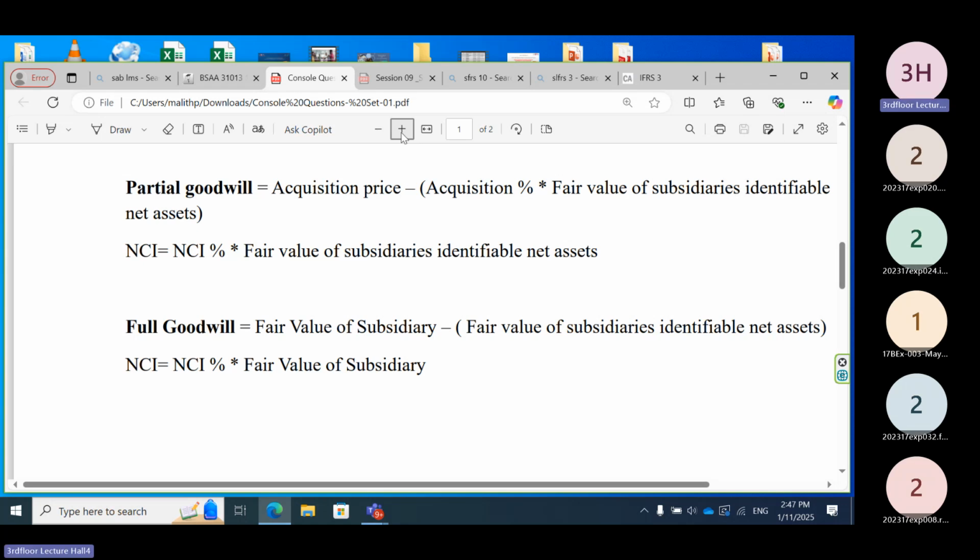This is the full goodwill relating to NCI and the parent company.